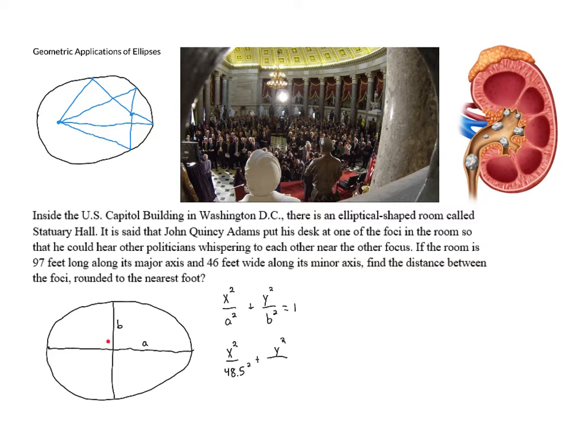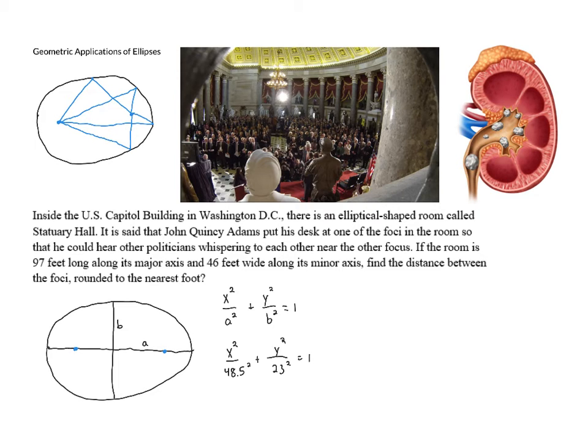Now b is half of the minor axis. If the minor axis is 46 feet long, then that's going to be 23 feet squared. And that equals 1.